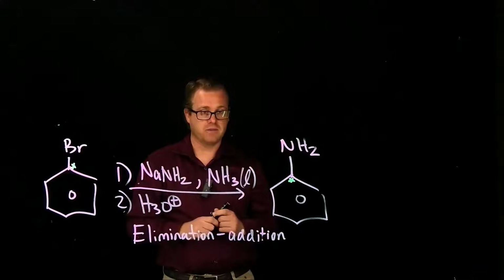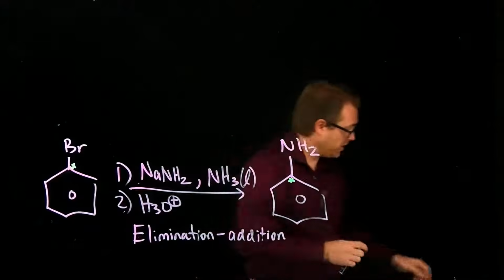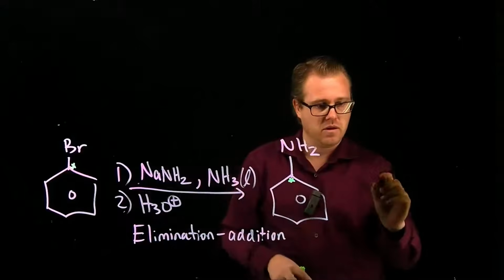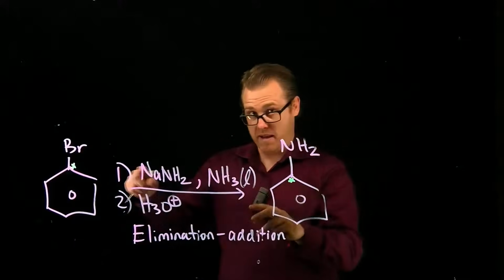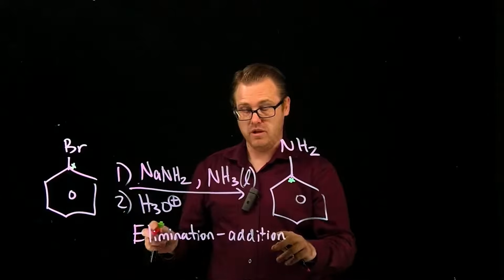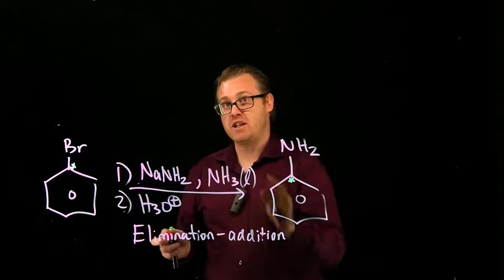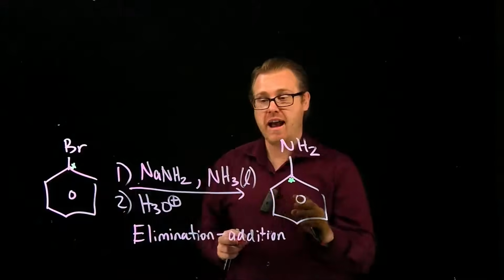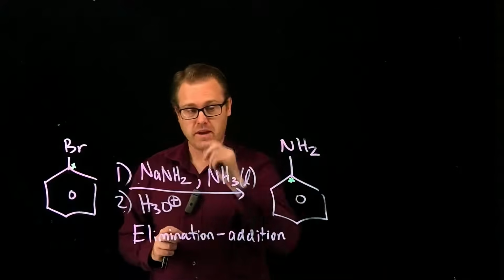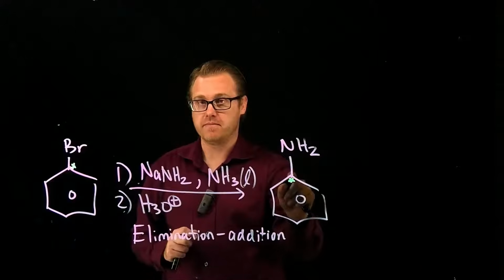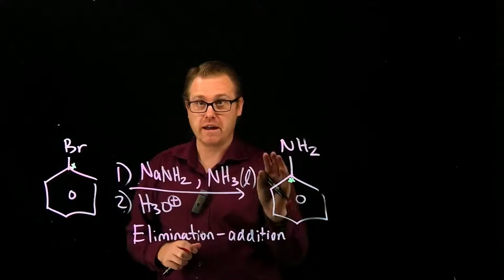That's our only product. But lo and behold, the reason why this would be the only product goes back to the mechanism. Go back to that mechanism. Watch how I draw those arrows on how the nucleophile comes in and attacks. It would only attack that carbon. And you can see that when you look at the mechanism.